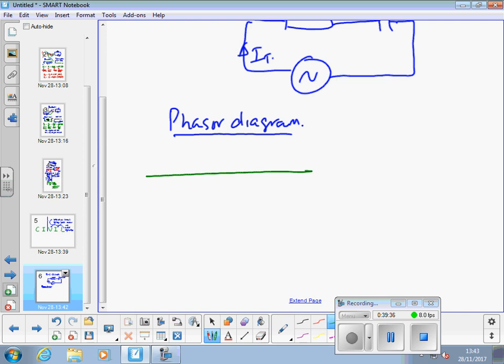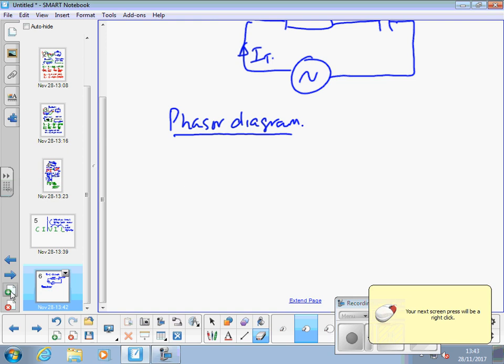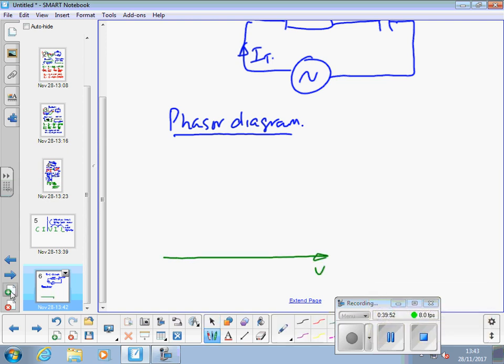Voltage. Need to bring that down a bit. Reference phasor. IR.